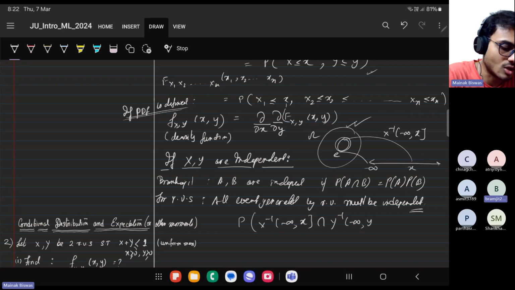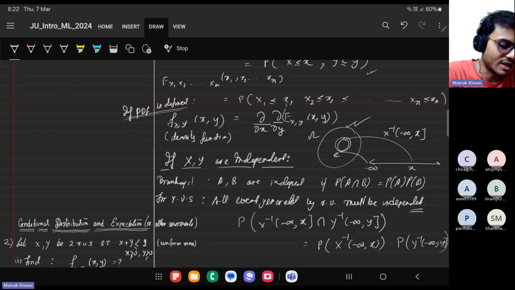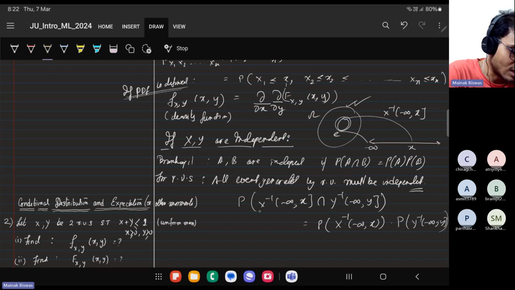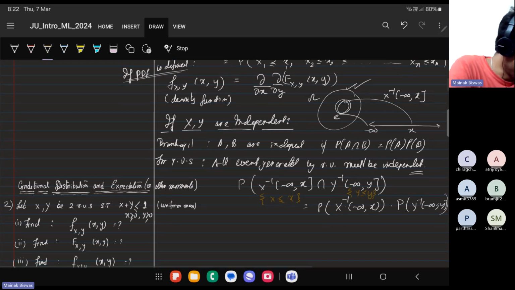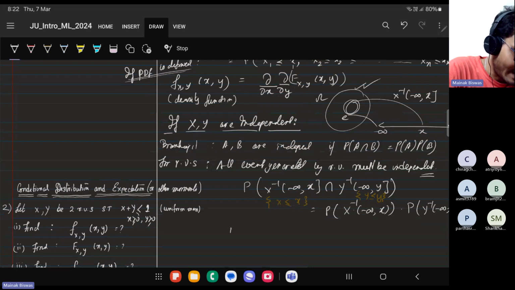Yes, for all x comma y, this should be equal to the probability of X inverse of minus infinity to x into the probability of Y inverse of minus infinity to y. And in case you are thinking what I am writing, X inverse and all, this is nothing but X less than or equal to x and Y less than or equal to y, which is comfortable to you, I guess. Okay, so what does this mean? F_XY equals F_X times F_Y.